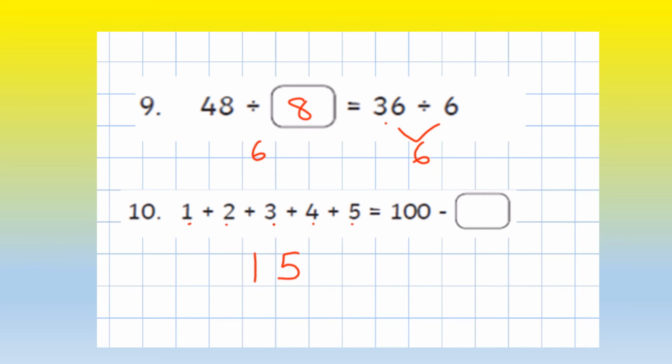And then we've got 100 subtract something leaves us with 15. So take 15 away from the 100 to find our answer. That would be 85. So 100 subtract 85 would also leave us with 15 this side of the equal sign.